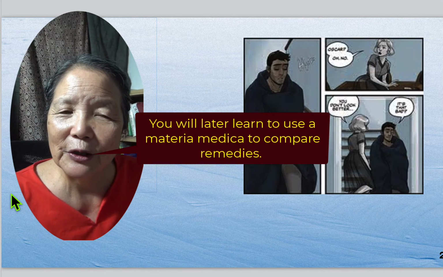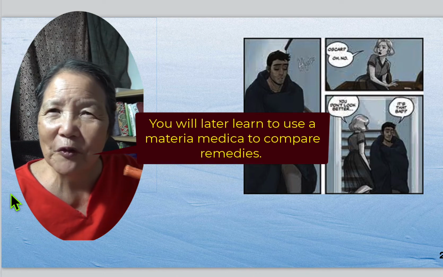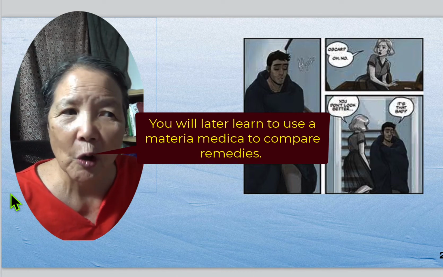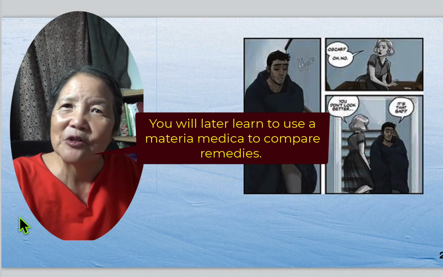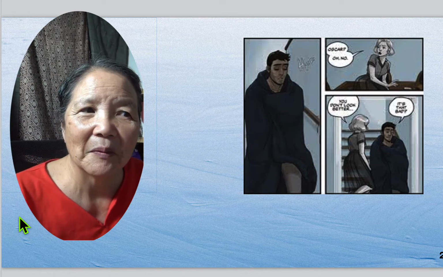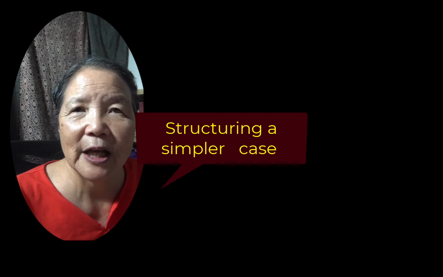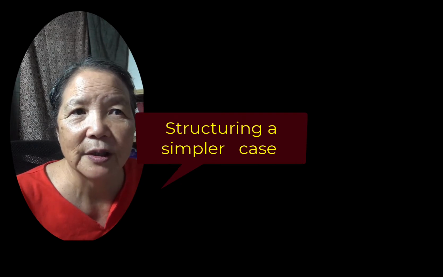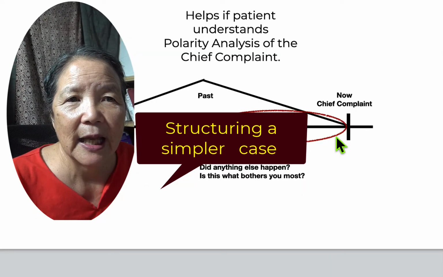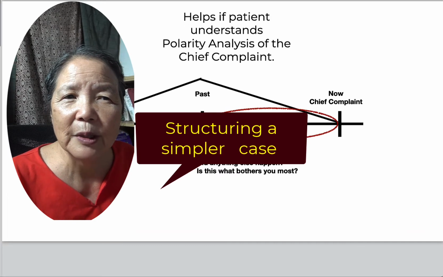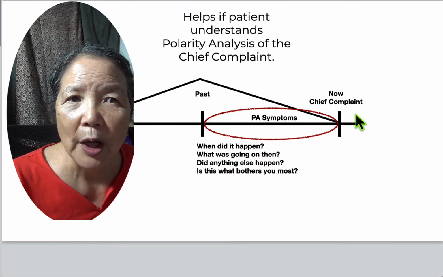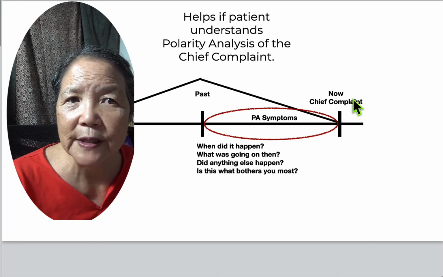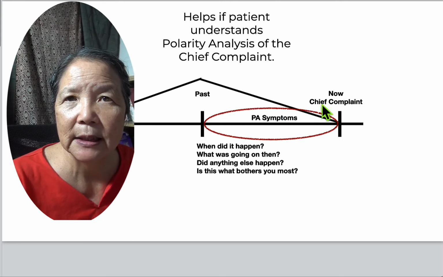Don't suppress the patient. Don't prevent the patient from talking about whatever surrounds the story of their problem. And when you are beginning the case, you want to find out first what is the chief complaint.